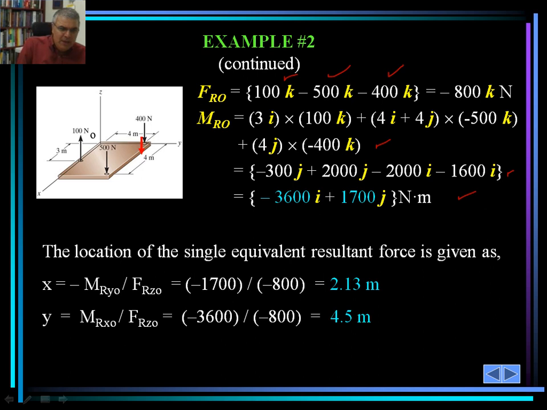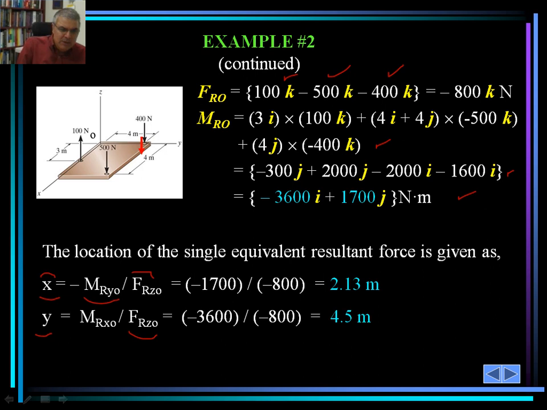Then we find the location of a single equivalent resultant force by using these equations, the X coordinate and Y coordinate, M sub R sub YO divided by F sub R sub ZO again. And remember that this moment would be as a result of this force applying by a certain distance of 2.13.